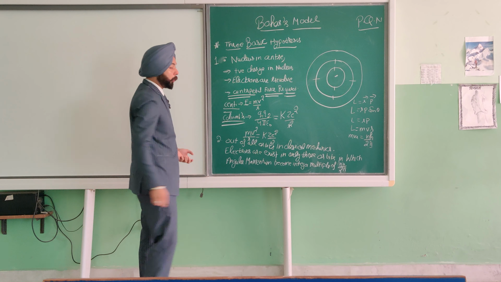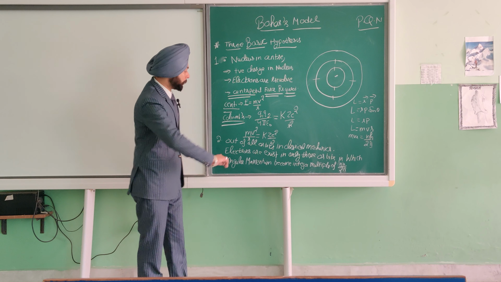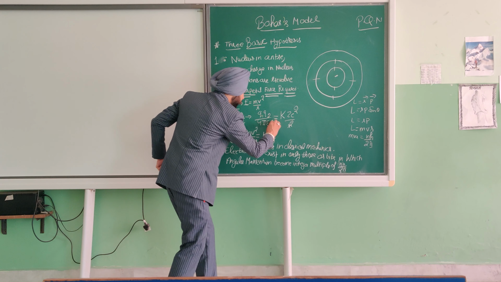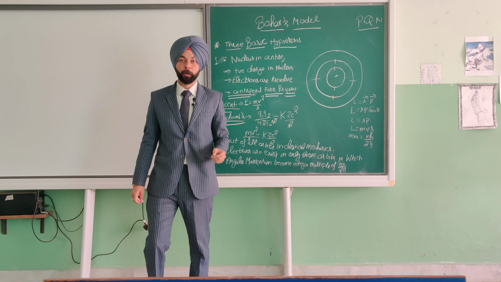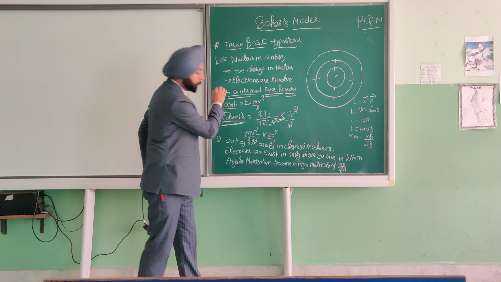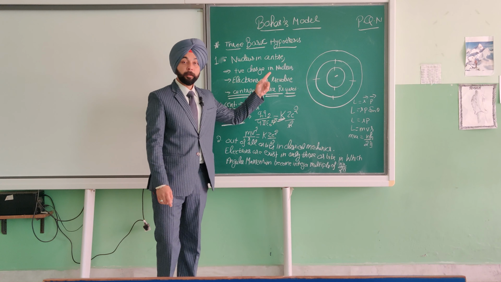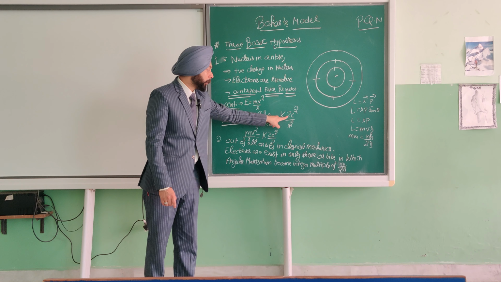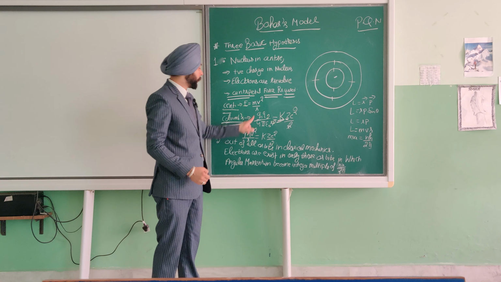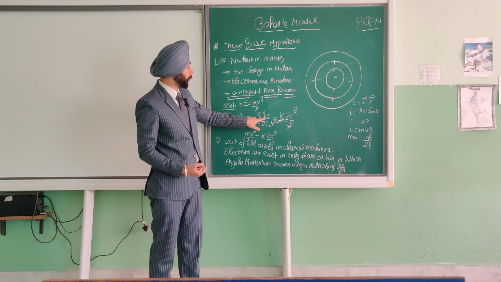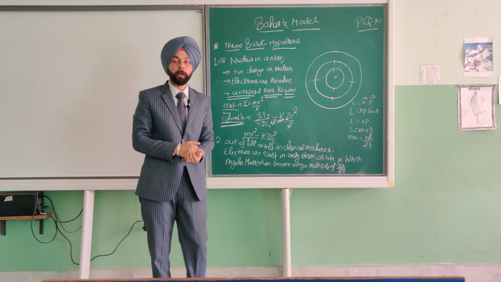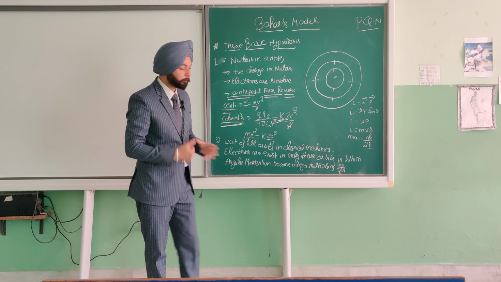According to Coulomb's law, which we discussed in the first chapter, F equals q1 q2 upon 4 pi epsilon naught r squared, and 1 upon 4 pi epsilon naught is equal to k. So the electrostatic force between the electron and nucleus is equal to k Z e squared upon r squared. Why do we take Z e squared? Because q1 is Ze, the magnitude of the nucleus charge, and q2 is e, since the electrons are revolving around the nucleus.